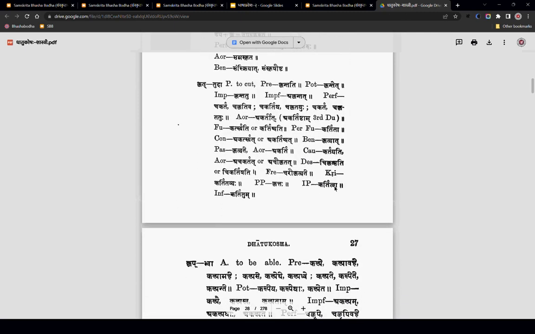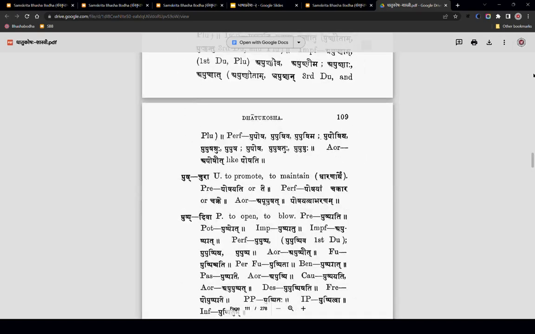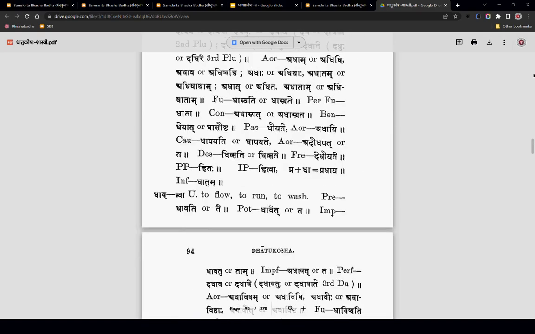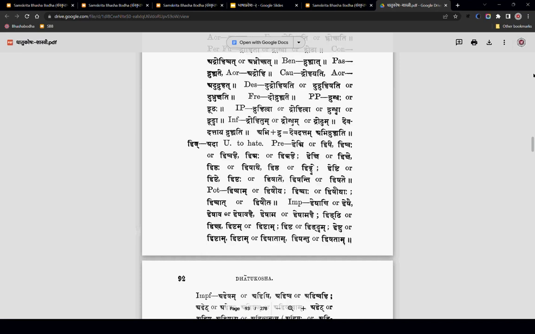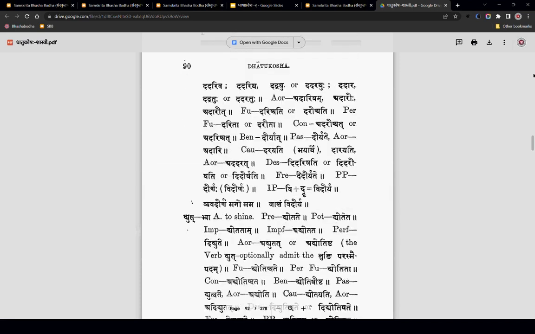This is alphabetical. We are at ka here, so we have to come to pa, okay, and then you go to Drishya.